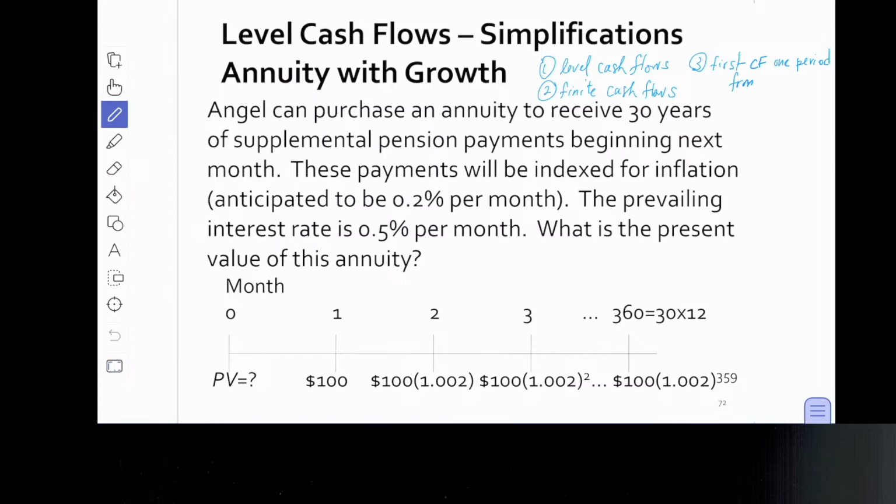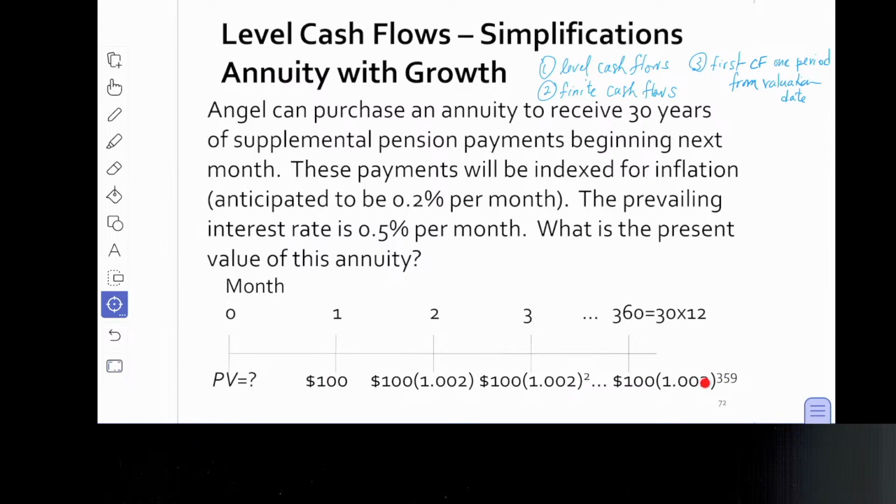I'll say from valuation, or well, from where you want the price. All right, so that was for the annuity. Those were the conditions.